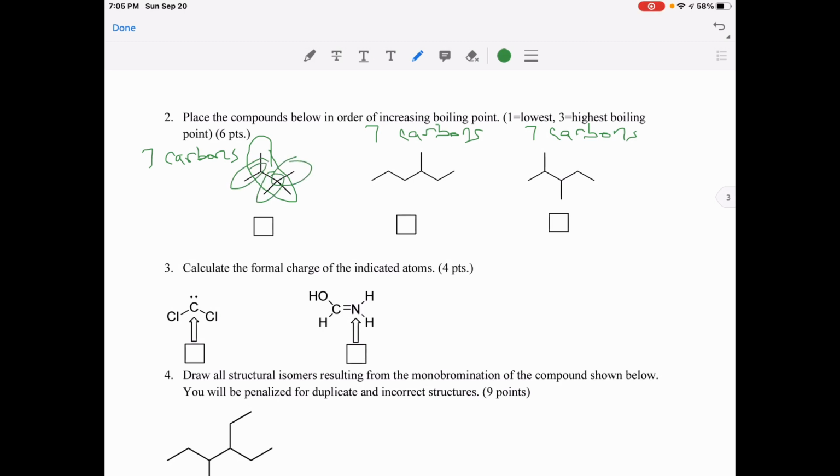So if we write this down, for the parent chain, we have 4 carbons, and we have 3 substituents. For the structure in the middle, we have this as our longest parent chain.